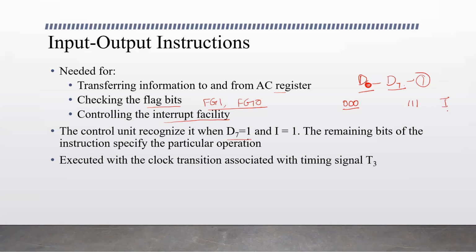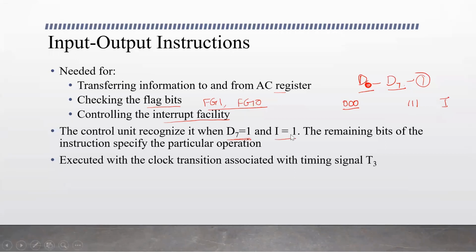Bit I is 0 for register reference instructions, and bit I is 1 for input output instructions. So D7 needs to be 1 and I is equal to 1.